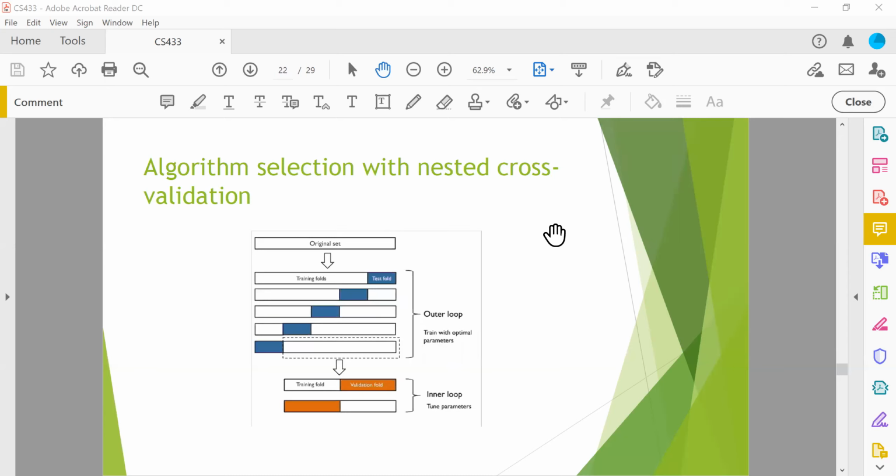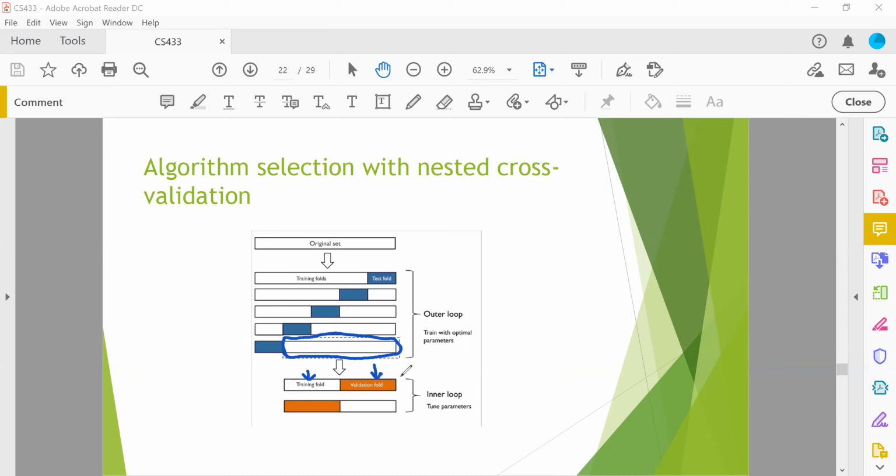And we can see this diagram. So we have the k-fold, and you can see within the training fold, over here it shows, you further divide into training fold and the validation fold.